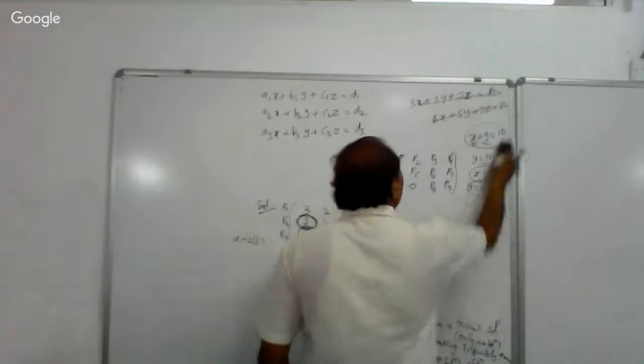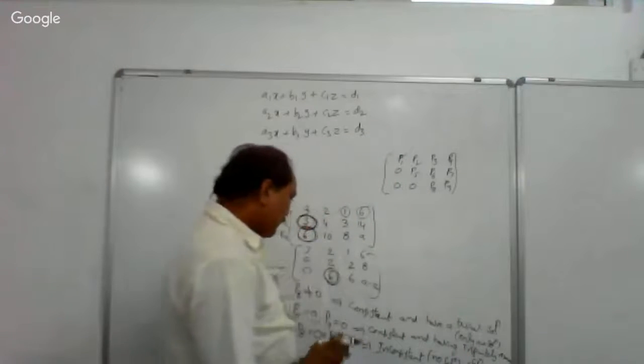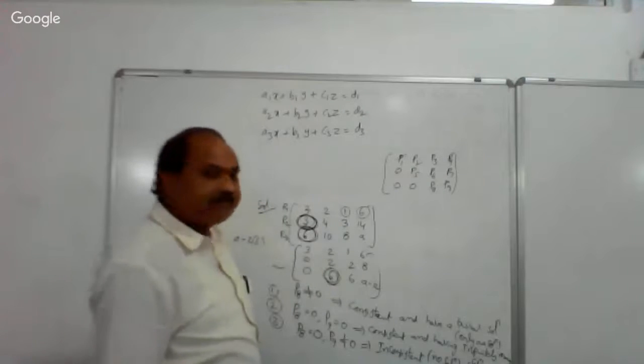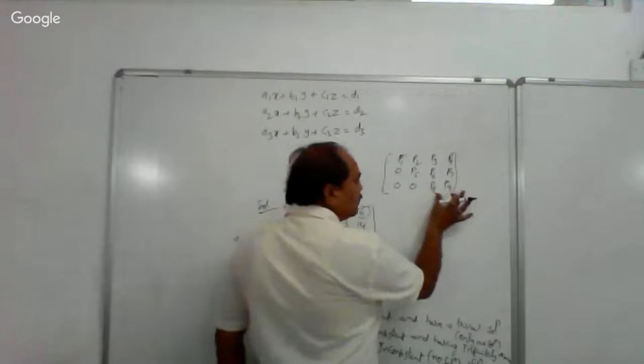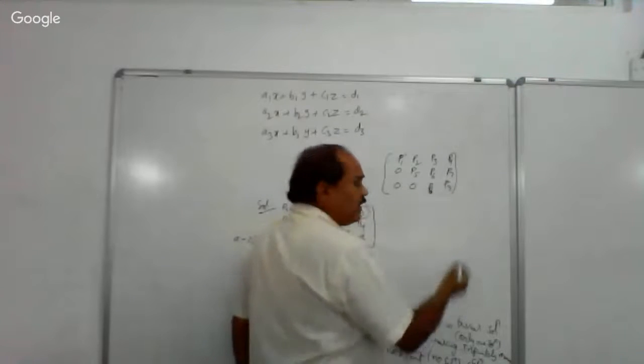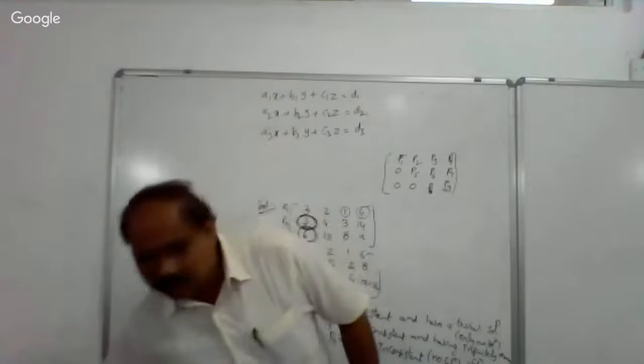Now, suppose the first condition, p8 not equal to 0. Suppose it is not equal to 0, means some value. p9 may be 0 or may not be 0. Then what are you getting?